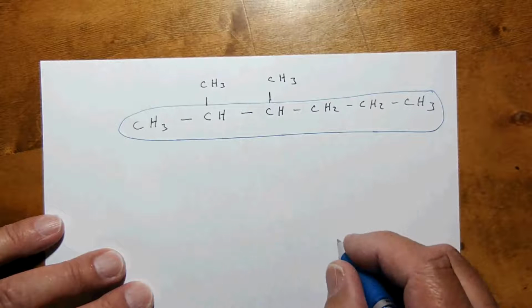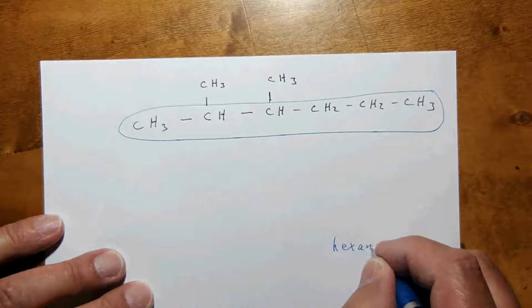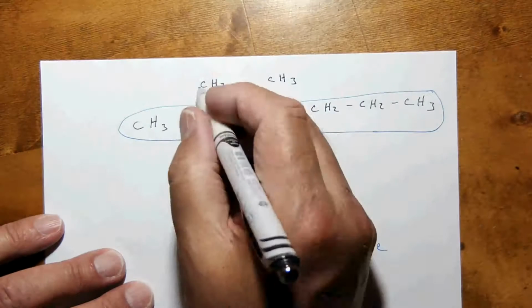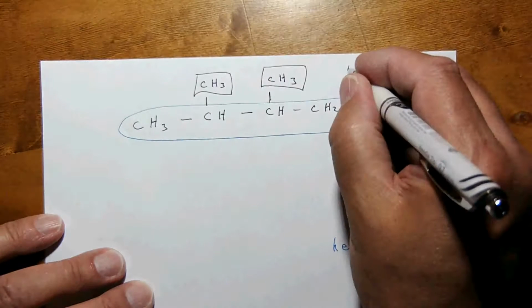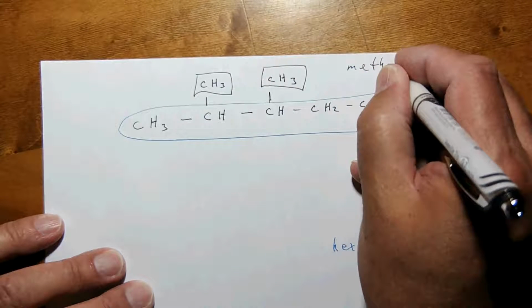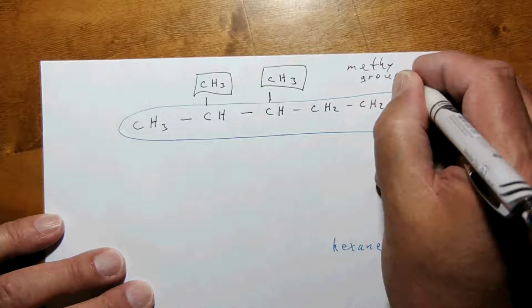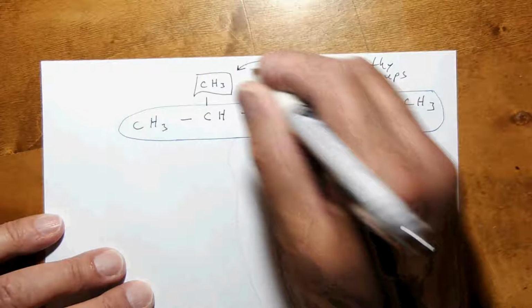This is going to be some type of hexane. And again, you have a couple of groups. You've got yourself a methyl group here and another methyl group here. So this is a couple of methyl groups right there and right there.